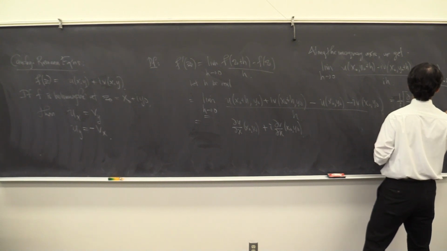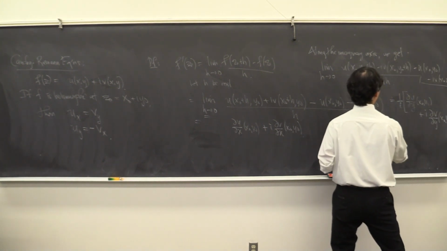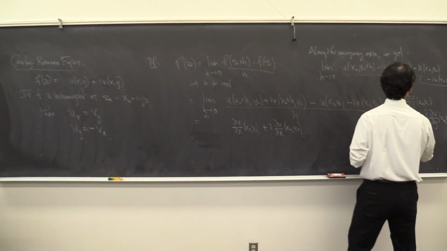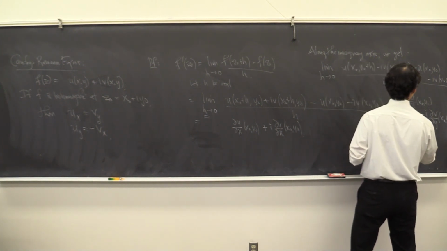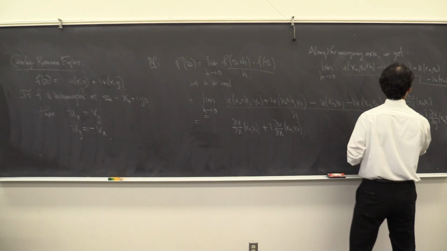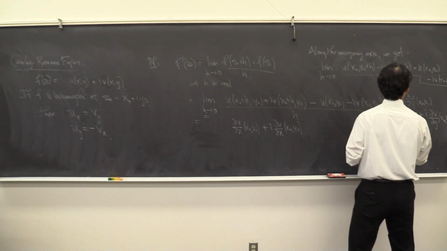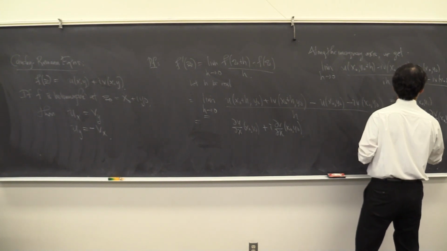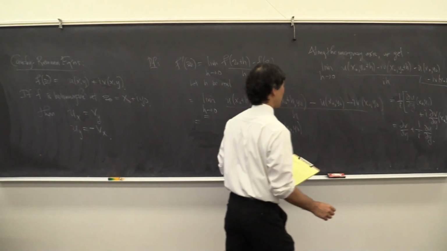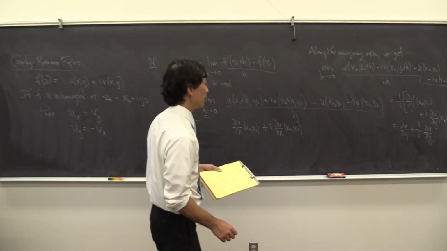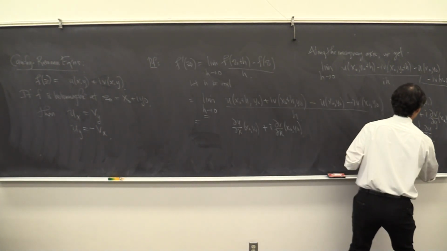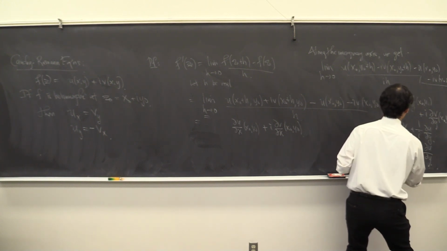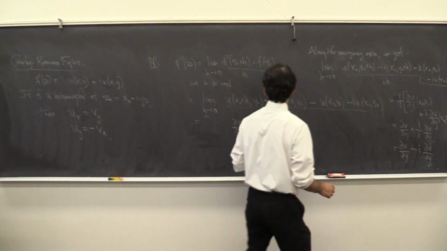In other words, we get the partial of v with respect to y plus 1 over i times the partial of u with respect to y. In other words, partial v with respect to y minus i partial u with respect to y.